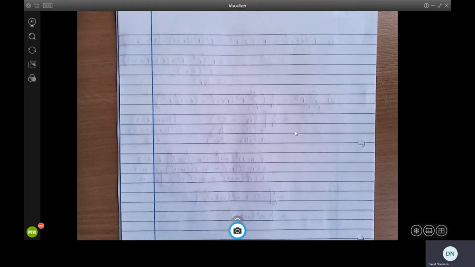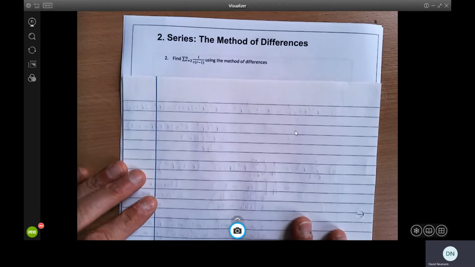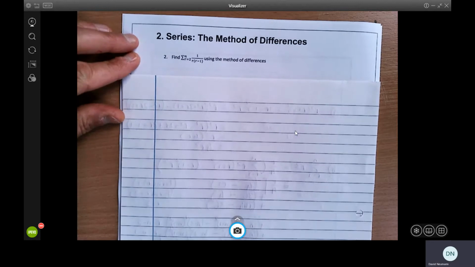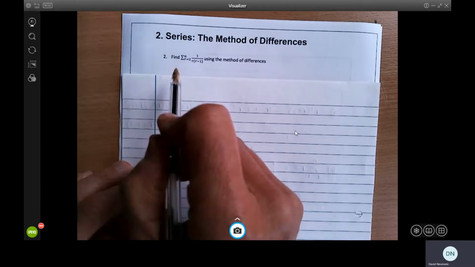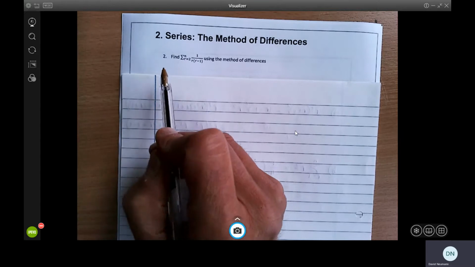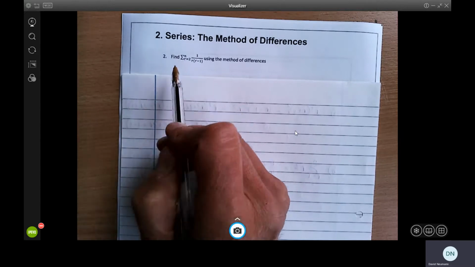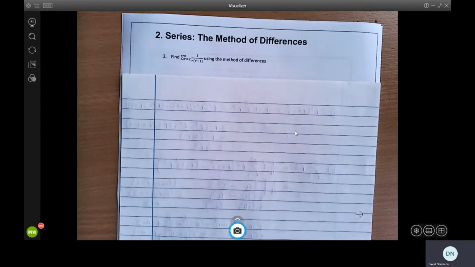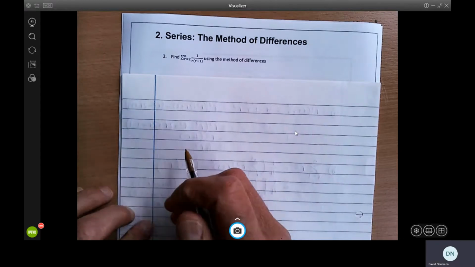So there's a little bit less instruction to this question. Find the sum from r equals 2. Notice that we're not going from r equals 1. Of 1 over r minus 1 using the method of differences.